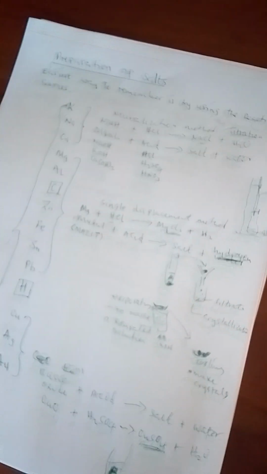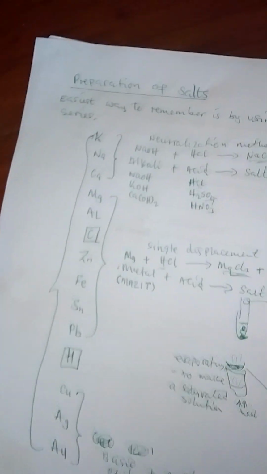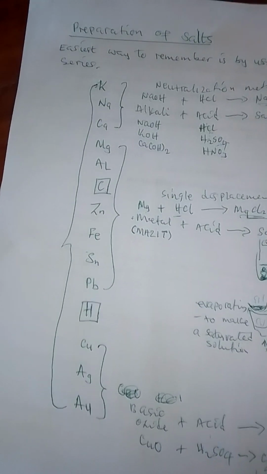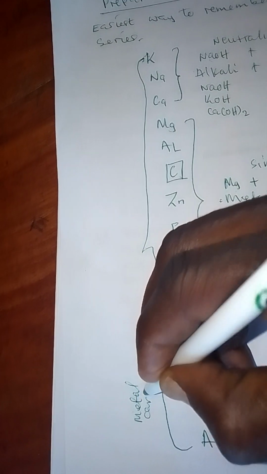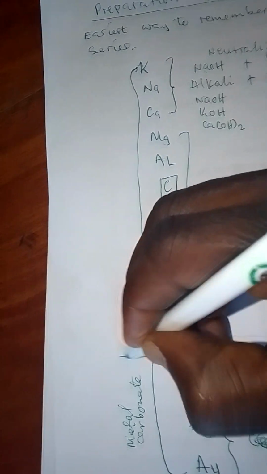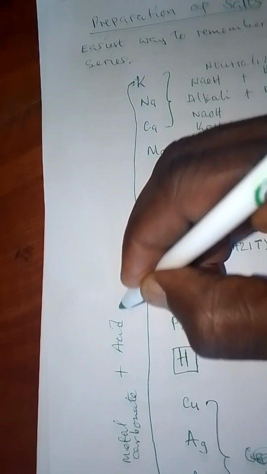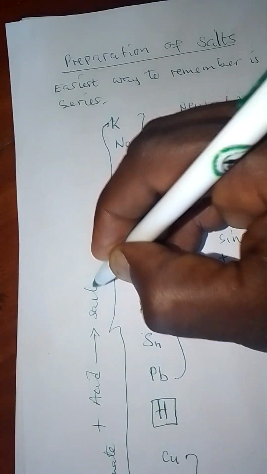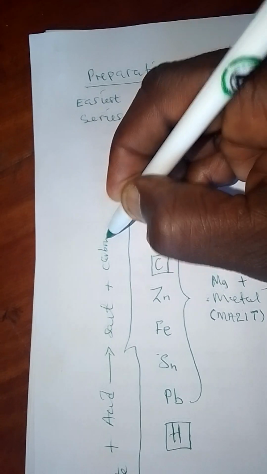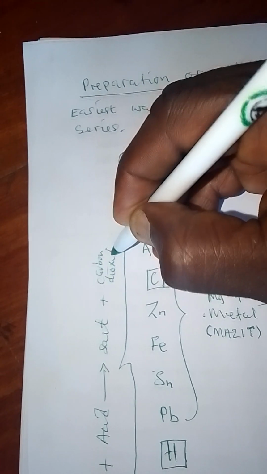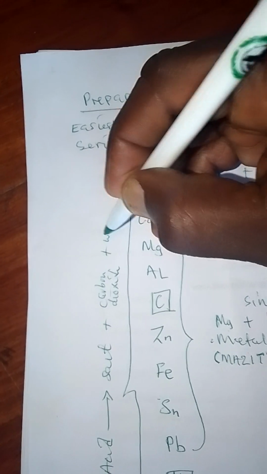However, there's another method. The last one is for carbonates. You know that property of acids, of metal carbonates, which says a metal carbonate plus acid will form a salt plus carbon dioxide plus water.